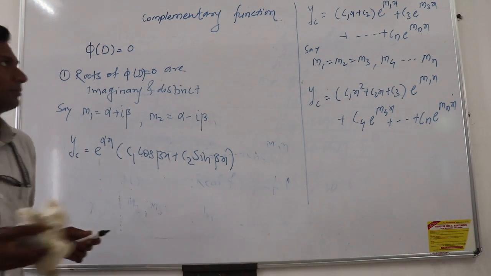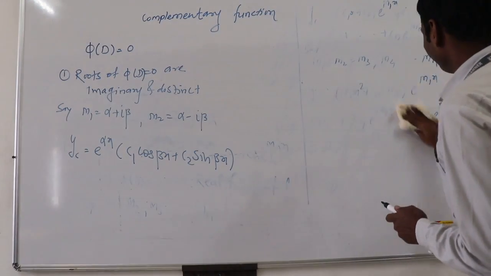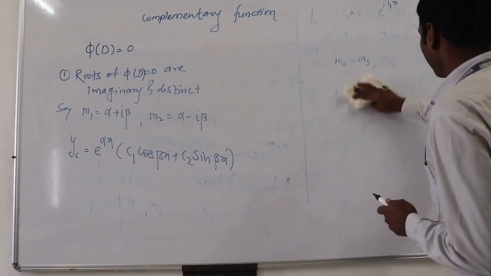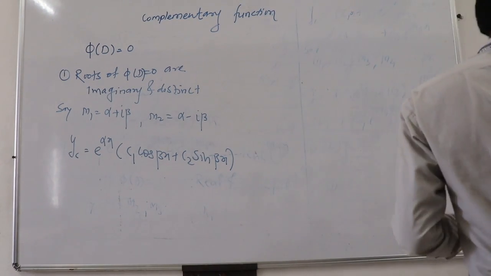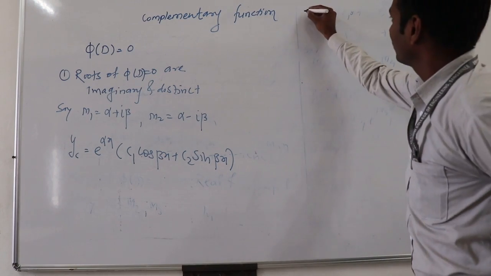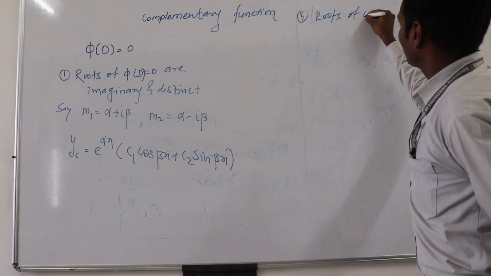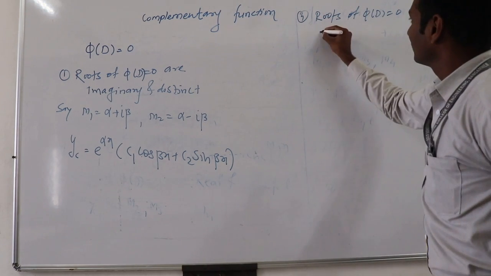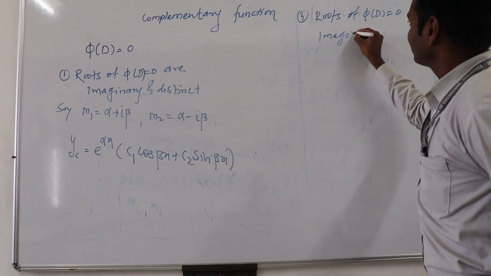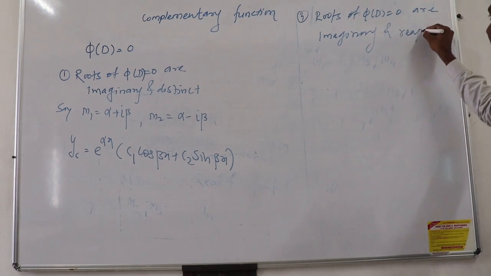Now the last one, case number 4. The roots of phi of D equal to 0 are imaginary and repeated.